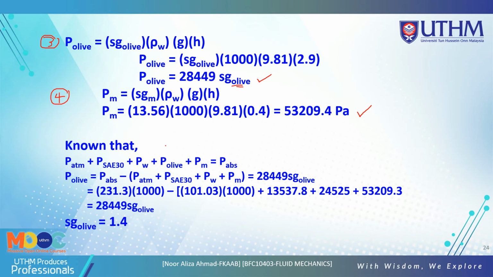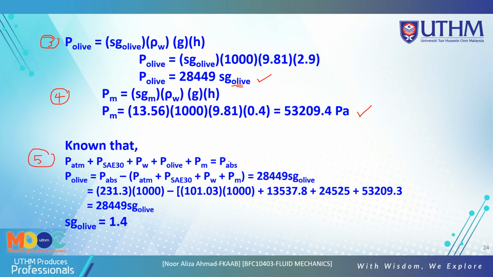After you get step by step until step 4, now is step 5. You just add all the pressures: P atmosphere plus pressure at SAE oil plus pressure of water, pressure of olive oil and pressure of mercury is equal to P absolute.